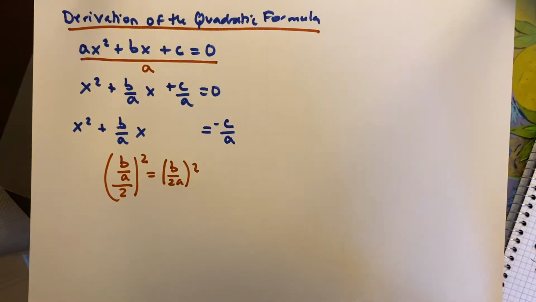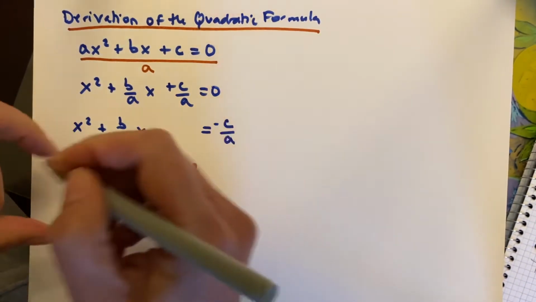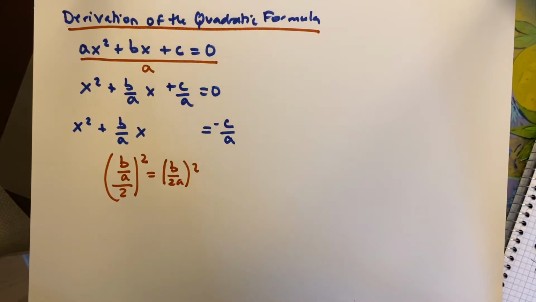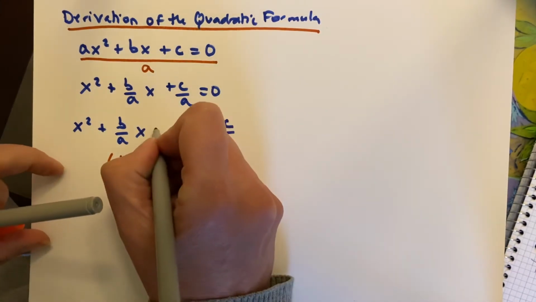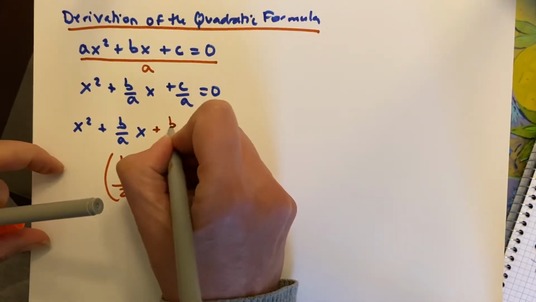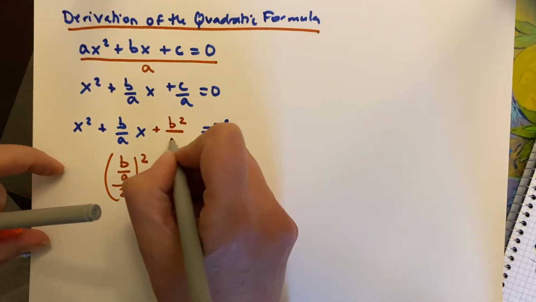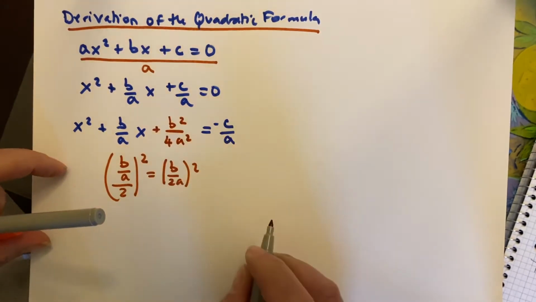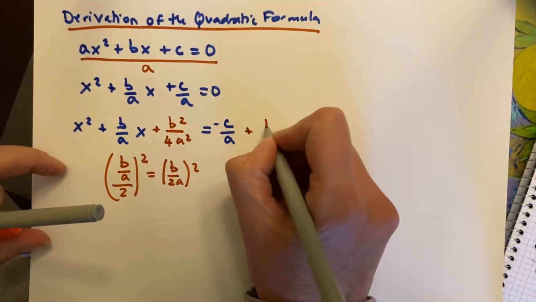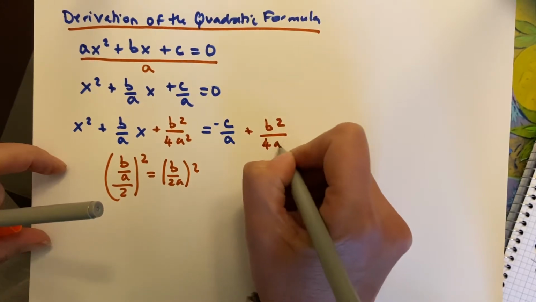So what I'm going to add to both sides, and I guess I will put it in orange after all to make it clear, is plus b squared over 4a squared on the bottom, and b squared over 4a squared right there.